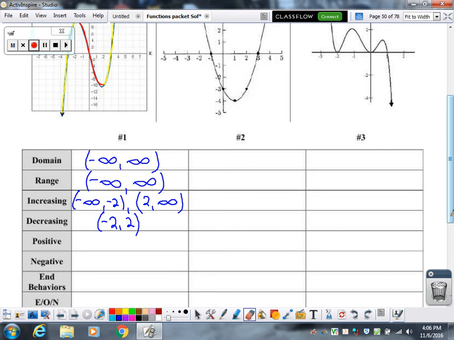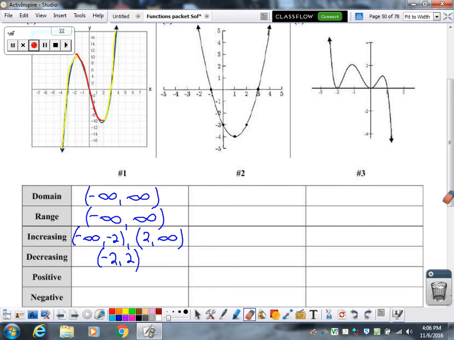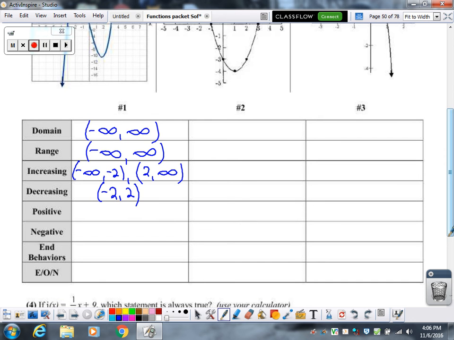I'm going to erase what I have so we can then highlight where it's positive and where it's negative. Okay, so the next two questions, positive and negative. Positive means we're going to be above the x-axis. Negative, where is the graph below?